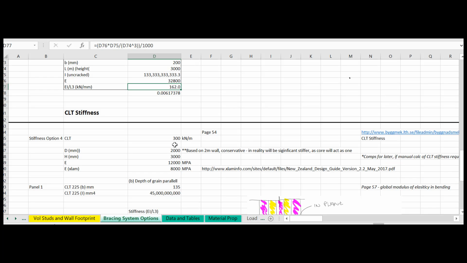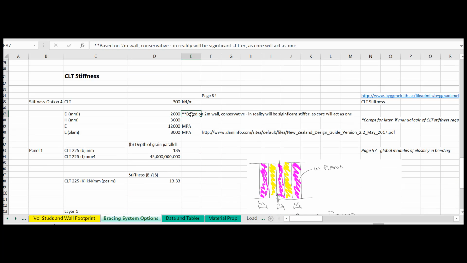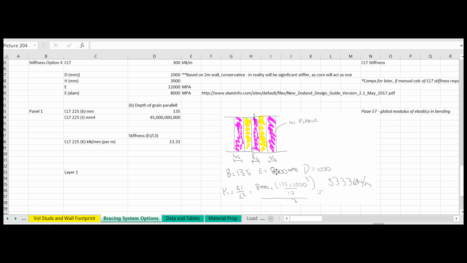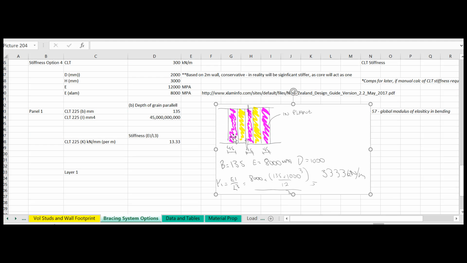And then CLT is quite similar, based on a 2 meter wall. I worked out the length per meter, the stiffness per meter, and based on a panel in plane. I took the 45 plus 45 plus 45, and this is how I ended up at my numbers here.